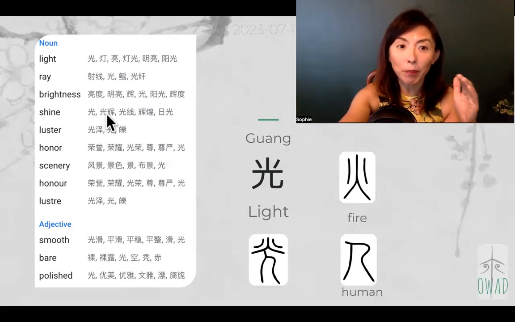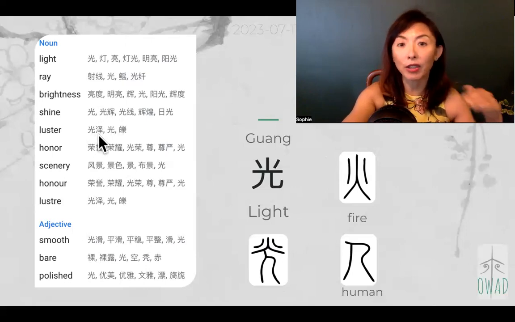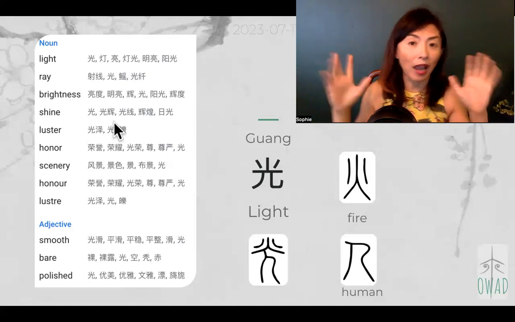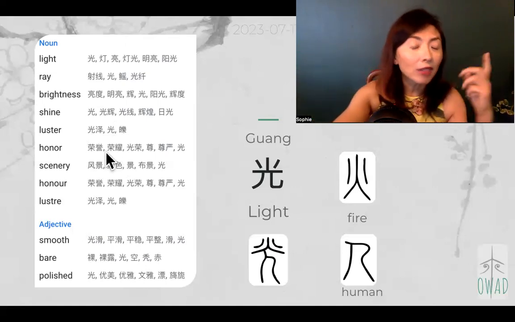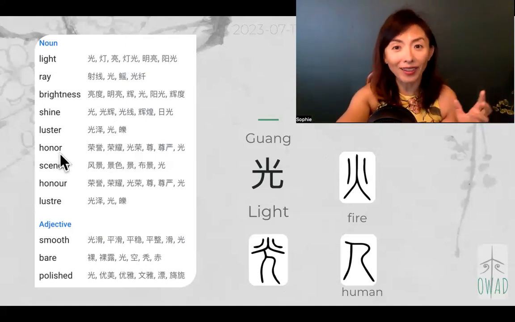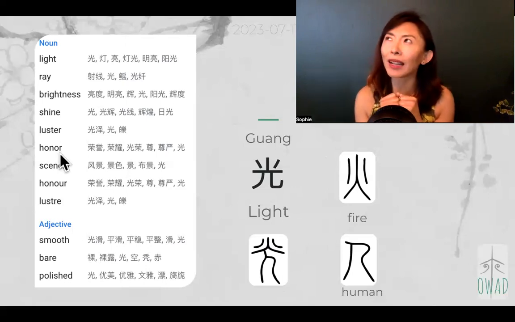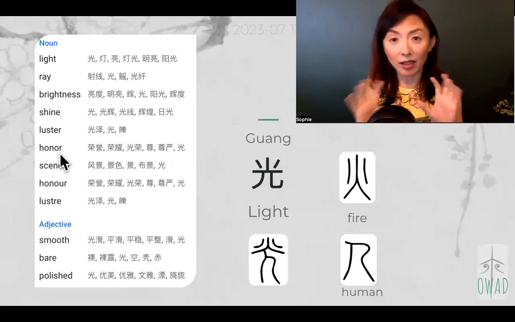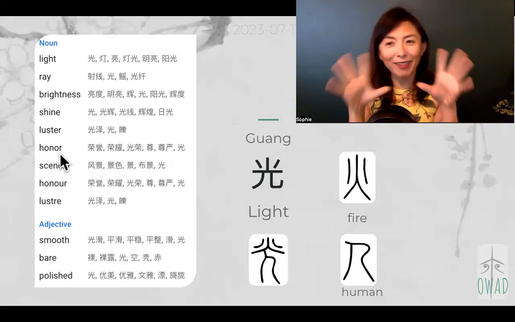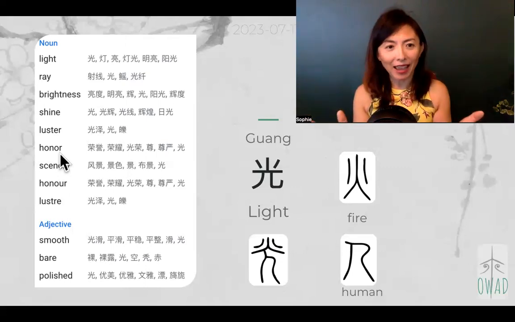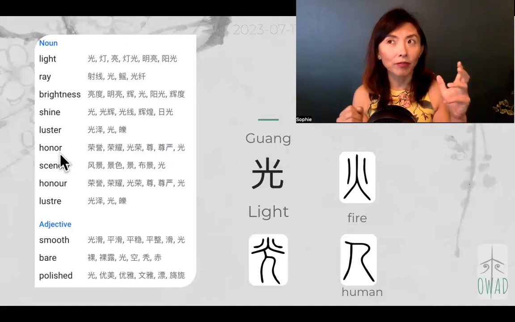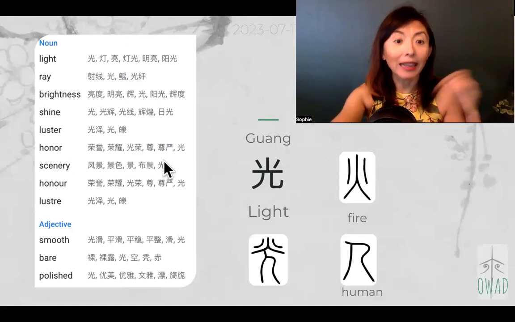But in Chinese, we pair it with other characters to make the variation, the nuances of what kind of light that is. And then 光荣, honor. In English, we don't really have that; we have glory, right? And glory kind of has this light luster or halo around it. But we don't use light in that same meaning-making. In Chinese, we do.